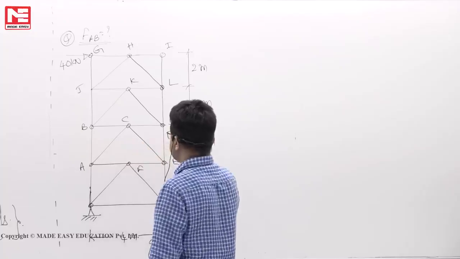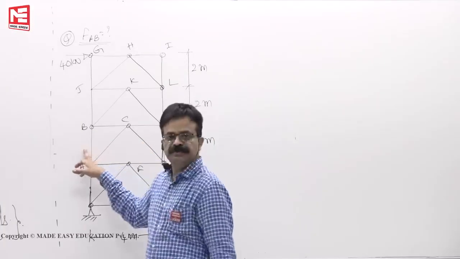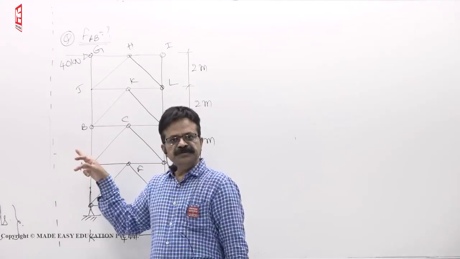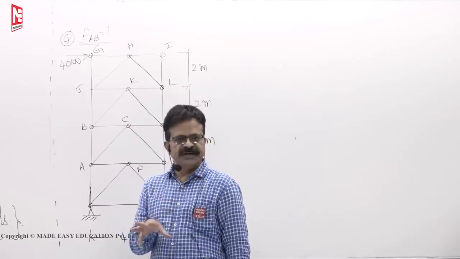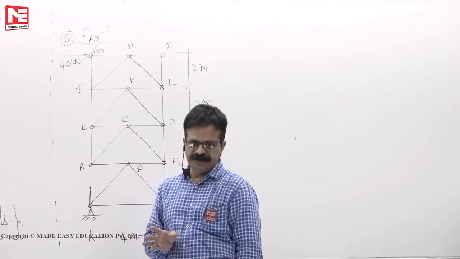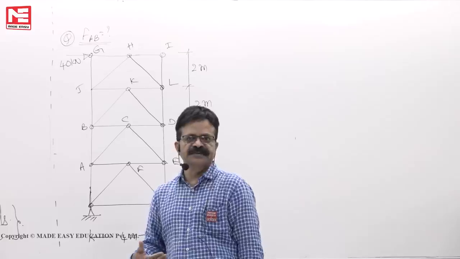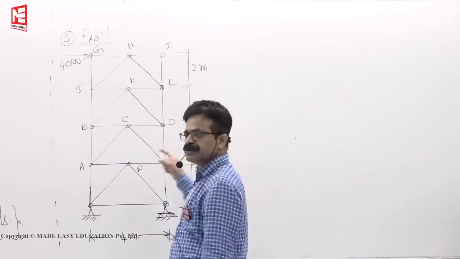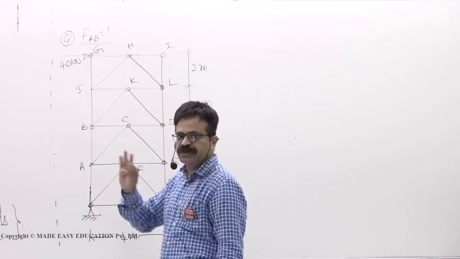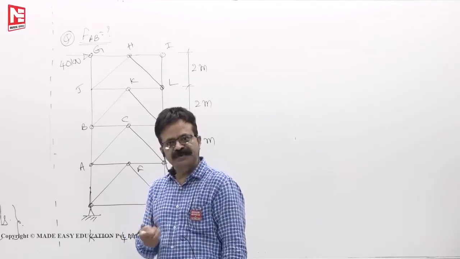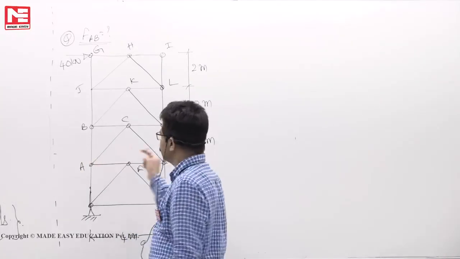Now you see AB member is an intermediate member. If I cut horizontally, 1, 2, 3, 4 members are cut. I told you that, as far as possible, don't cut more than 3 members because we have only 3 equations of equilibrium. Once you cut 4 members, you have to write 4 arrows, that means 4 unknowns, and 3 equations of equilibrium you cannot manage. So let us not cut that way.